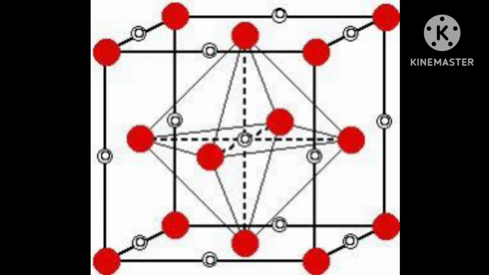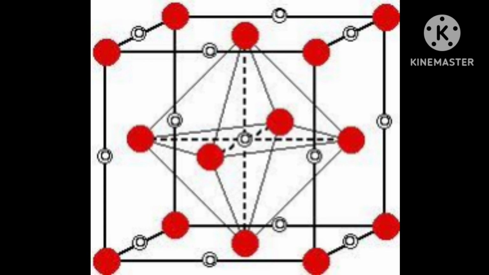Already I have discussed the same way, total 12. Here two things you have to understand: 12 edges are there, and each edge is surrounded by 6 atoms.